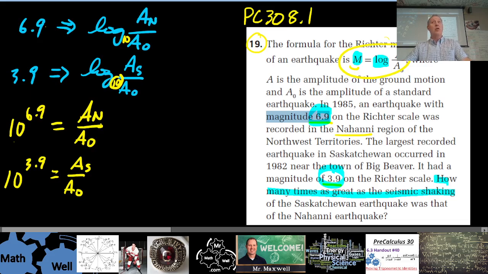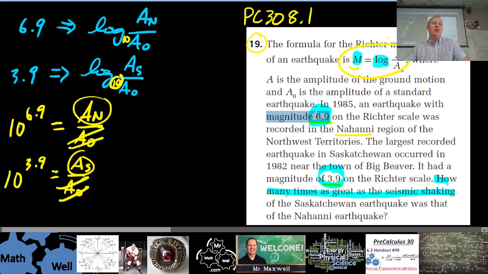Now we're getting close to being able to compare these numbers, because if you consider that both A_N and A_S are being divided by the same thing, you really can just compare the A_N and the A_S. I would suggest that this A naught, let's say it's 1, or whatever it is, they're both being divided by the same thing.